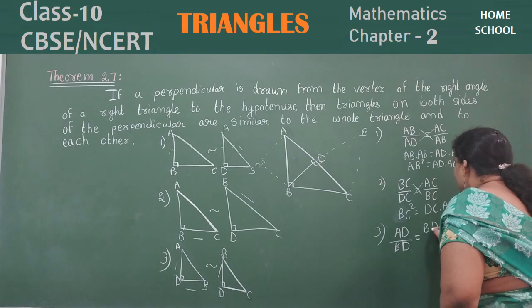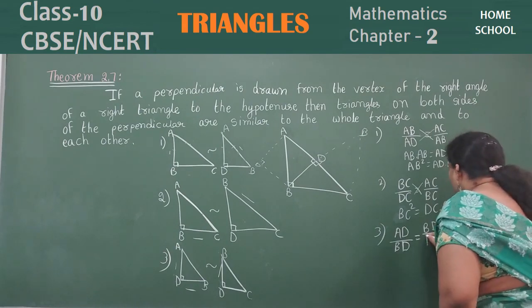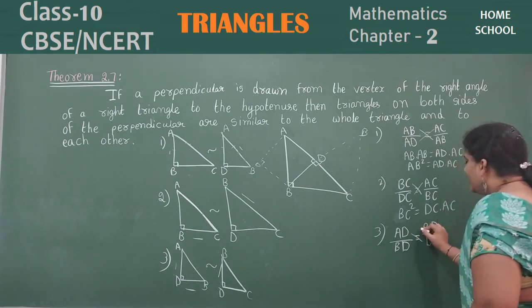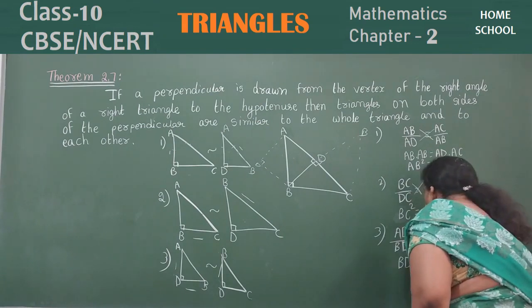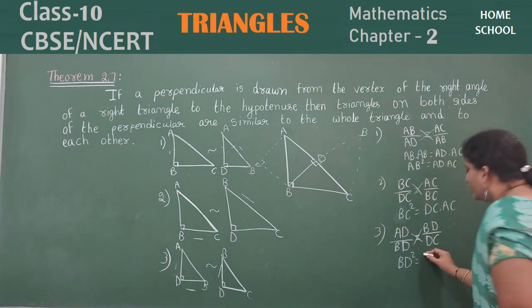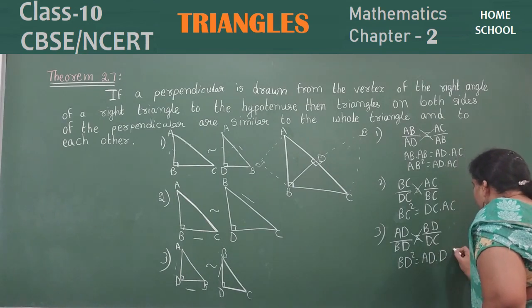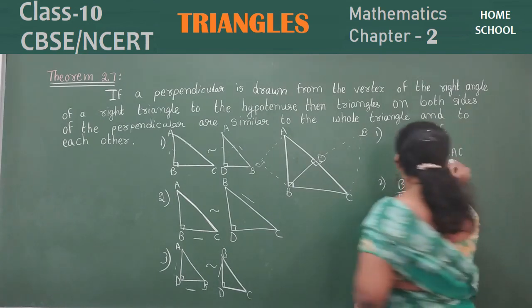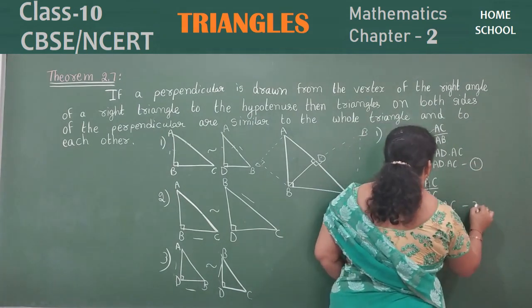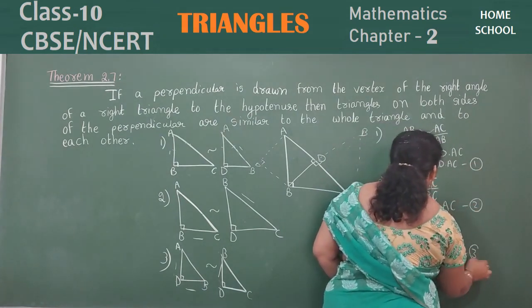BD or DB, same, children, BD by DC. Now again cross multiply. What are you going to get? BD square is equal to AD into DC.